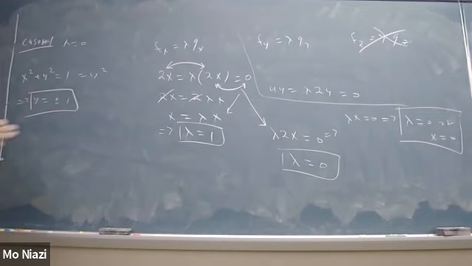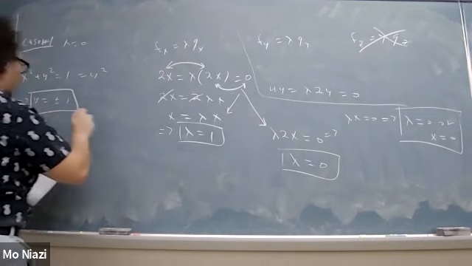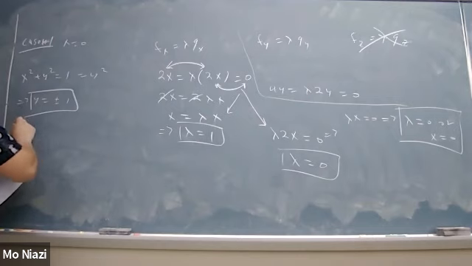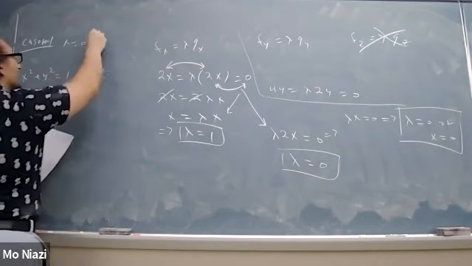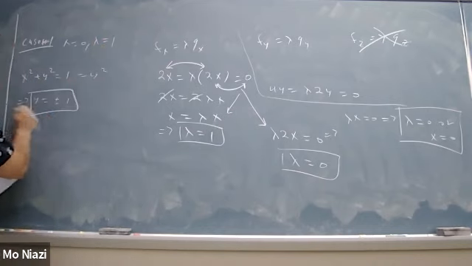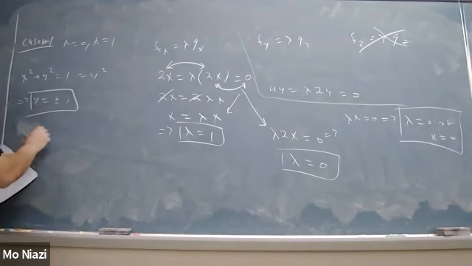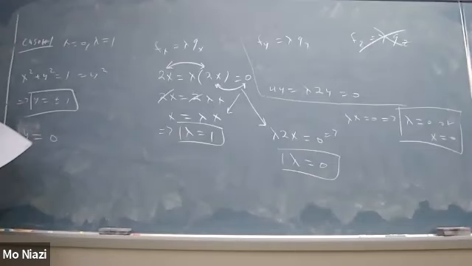Okay, so let's now take lambda equaling 1. Case 1, x is equal to 0, lambda is equal to 1. If that's the case, y is equal to 0. Why is that?